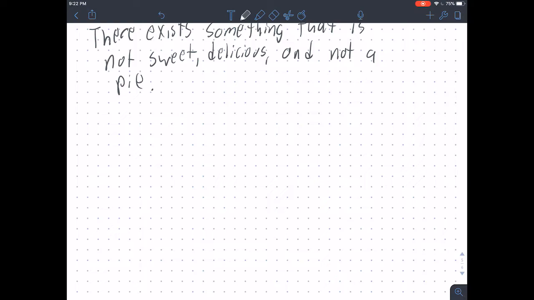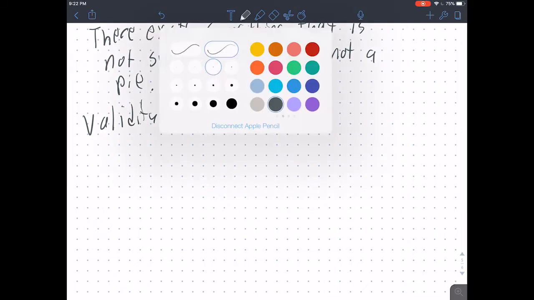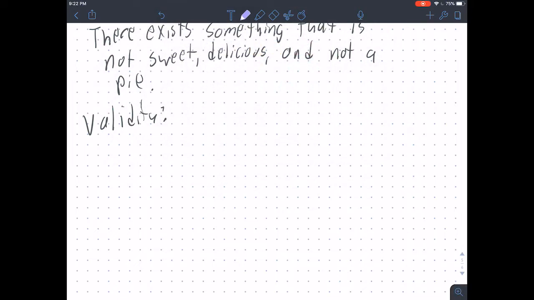So, how does validity work for Boolean existence schemata? A Boolean existence schema is valid if and only if its term schema is valid.